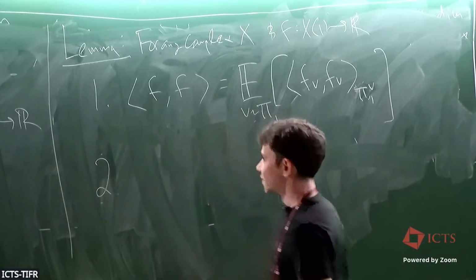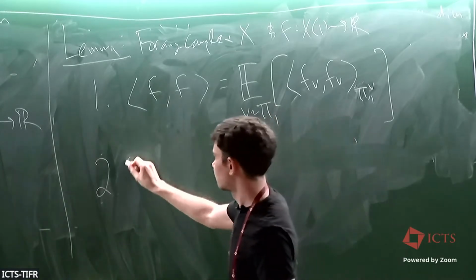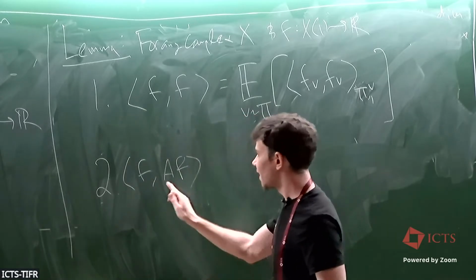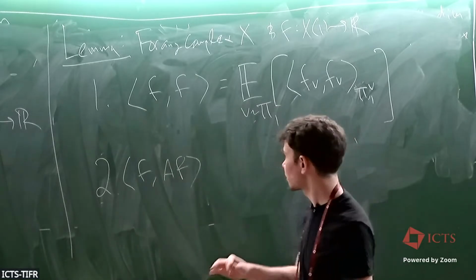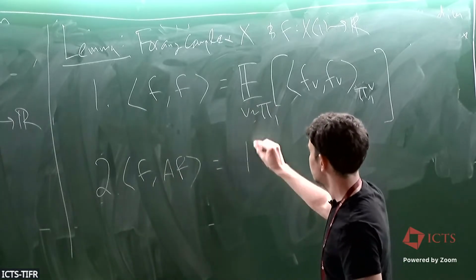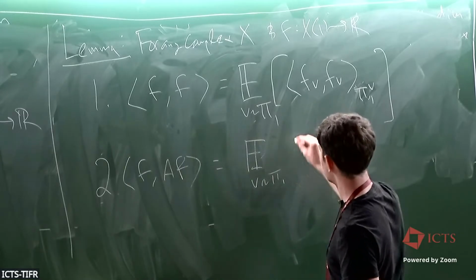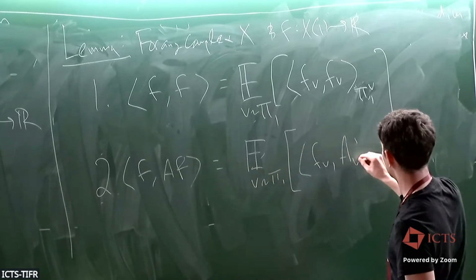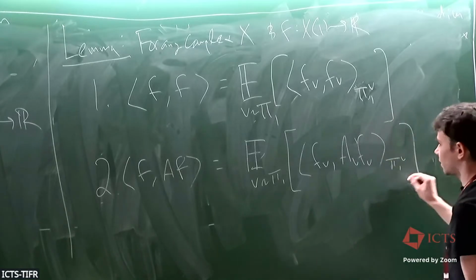Two, this is also true when I look at the Rayleigh quotient, when I look at the quadratic form. So f A f, where A is in particular the adjacency matrix of my underlying graph, is equal to the expectation over v from pi 1 of f_v A_v f_v, over pi_v1.